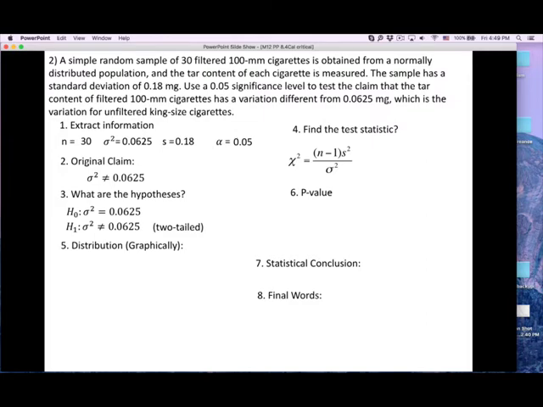For example one, we only found the standard deviation because we were working on the standard deviation. Now we are working on the variance, so we're going to put the variance here. Now plug into the formula. You are going to get the test statistic of 15.034.